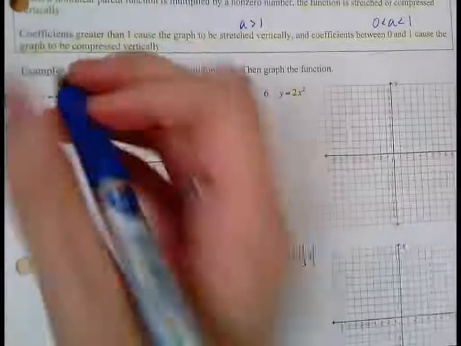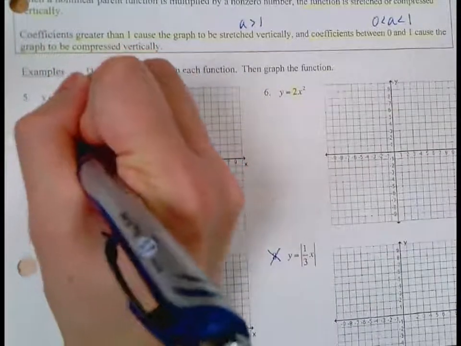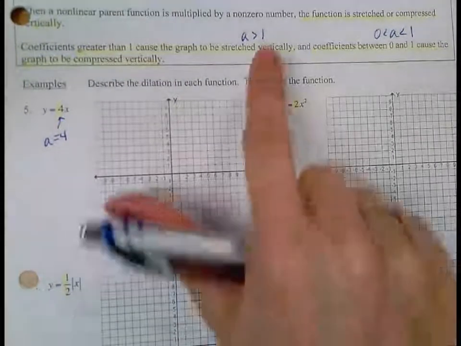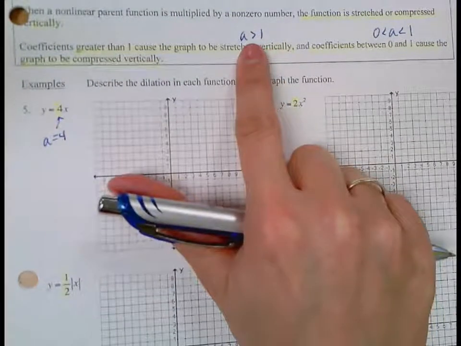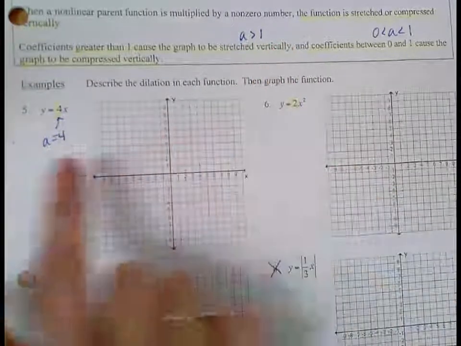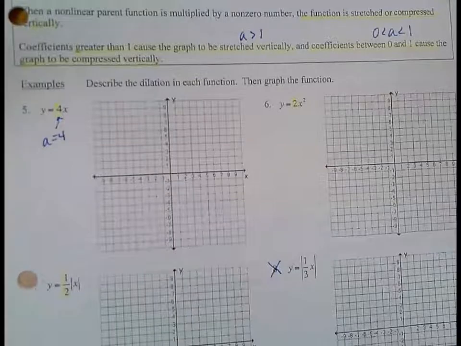So for 5, our A value is 4. That is a value that is bigger than 1, meaning it's going to stretch the graph vertically. Now this is y equals 4x. There's no x squared, so it's linear.